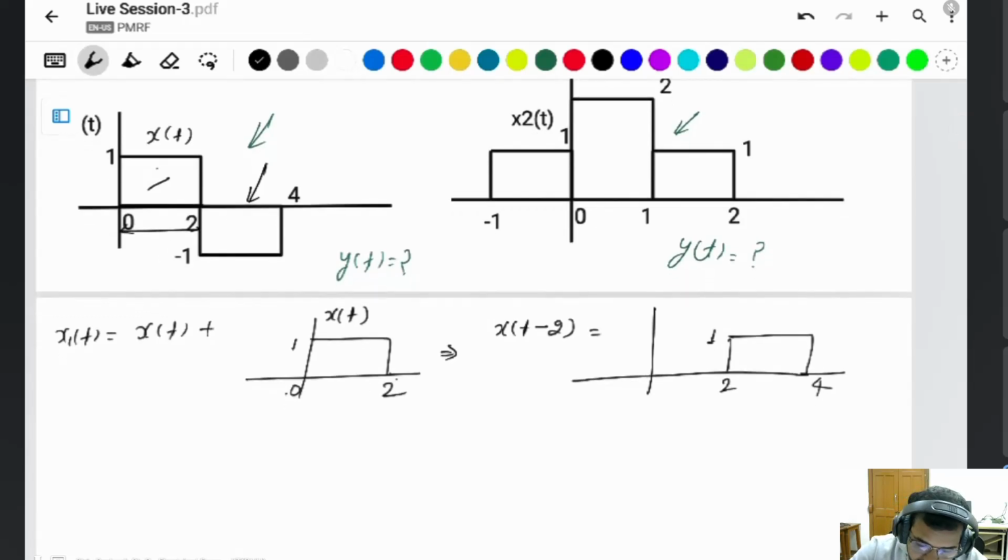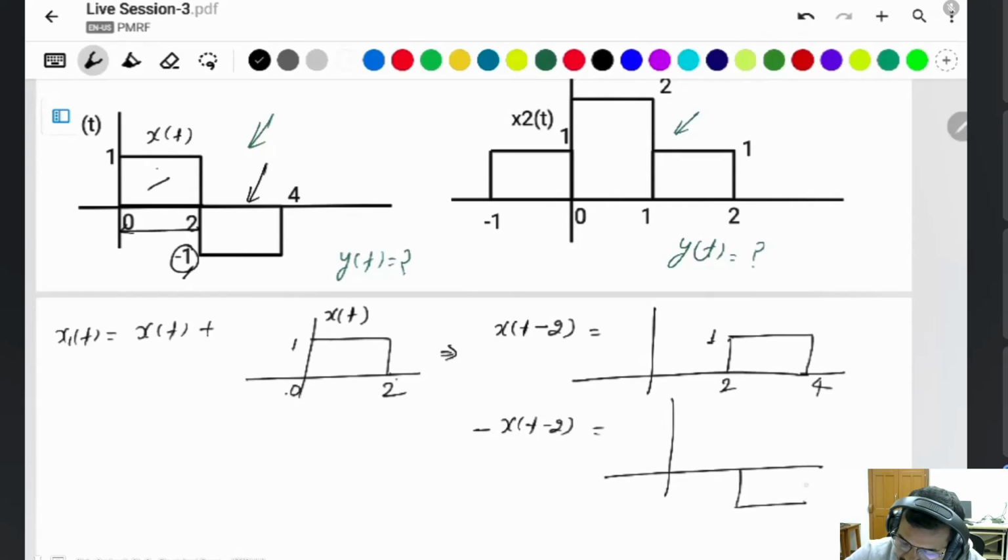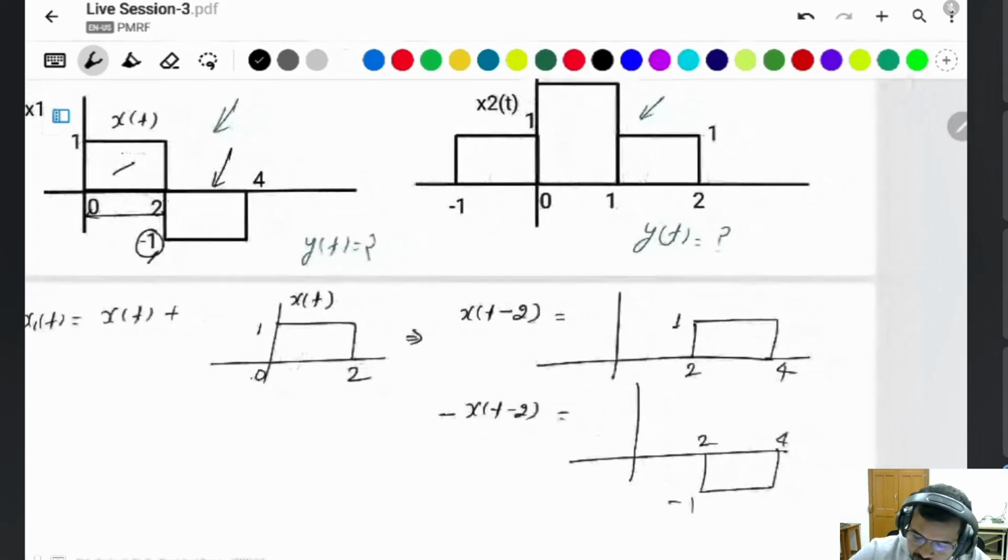Then after, this is reversed, this is negative. Then simply the magnitude of this one is minus 1, same as this one. It means there is a negative multiplication, a y-axis operation, on x(t minus 2). Then we will find this one looks like that, 2, 2, 4, this will be minus 1.